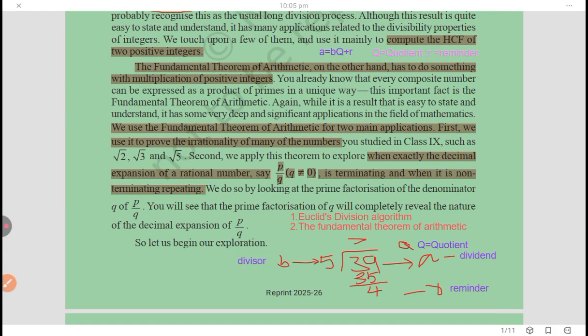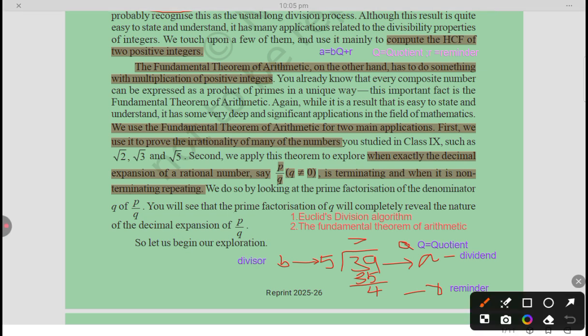You will see the prime factorization of q will completely reveal the nature of the decimal expansion of p by q. So, let's begin our exploration.